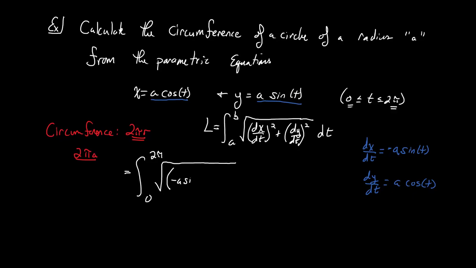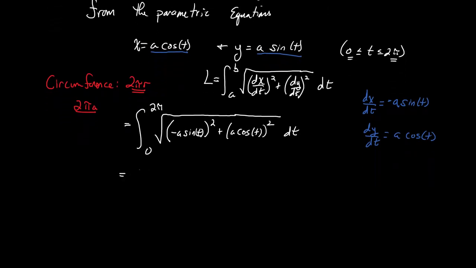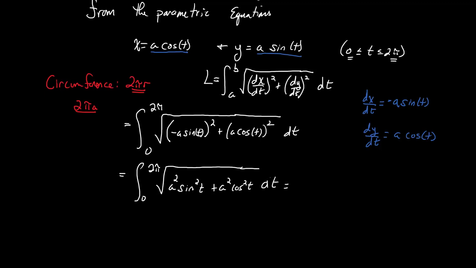So let's plug this in. We're going to have negative a sine of t squared plus a cosine of t squared, all integrated with respect to t. So this will give us the integral from 0 to 2 pi of the square root of a squared sine squared of t plus a squared cosine squared of t dt.